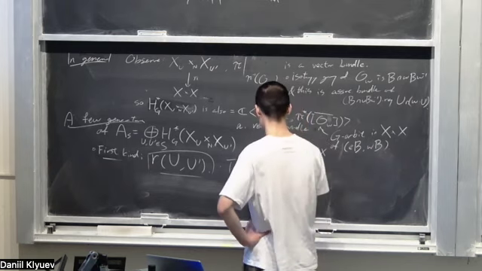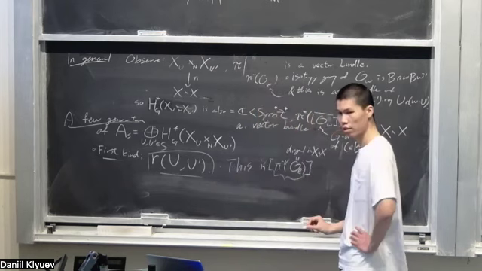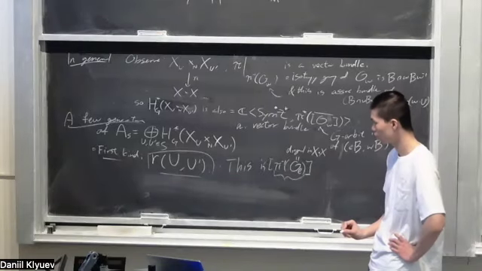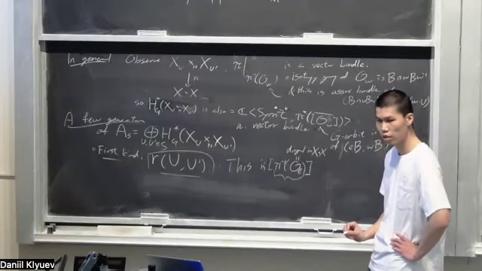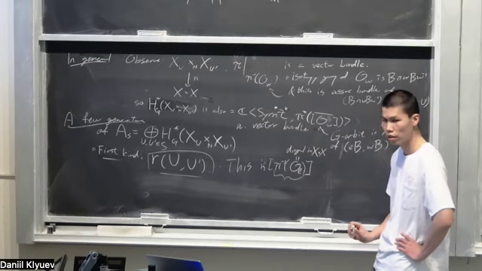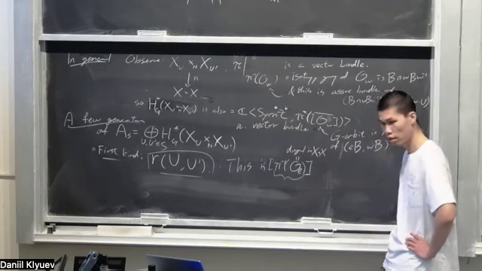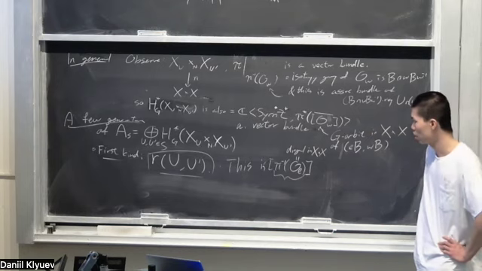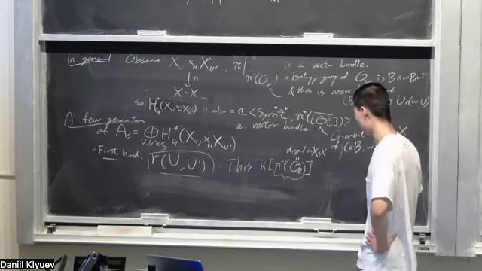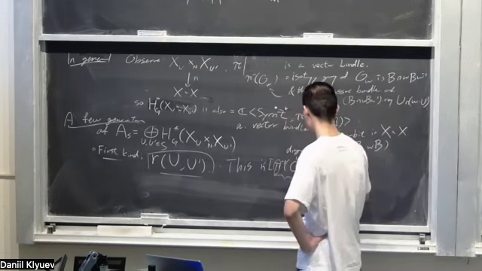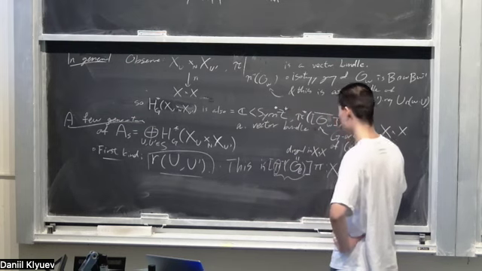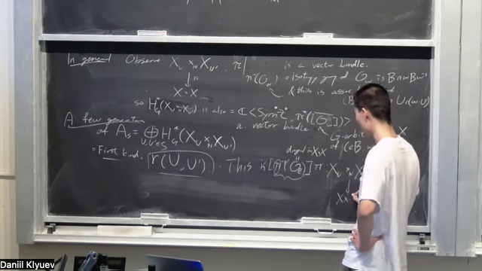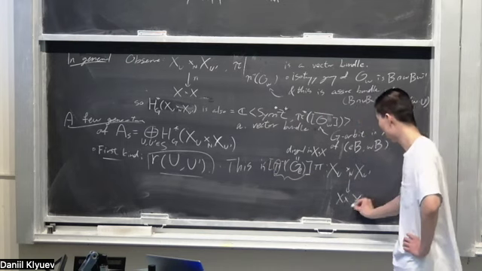Is the sum a direct sum? What is the domain of this map? The domain is XU times XU prime to X times X, RU prime.